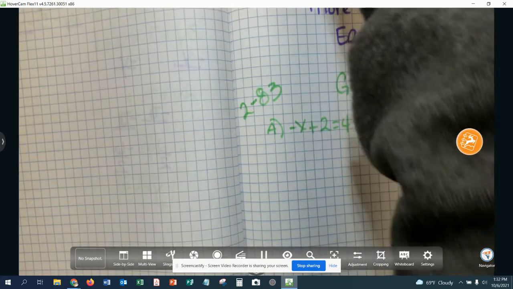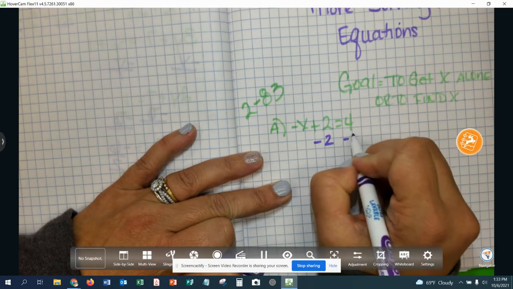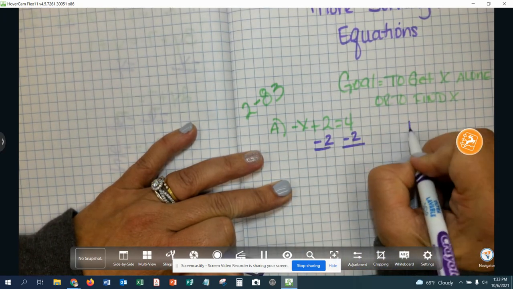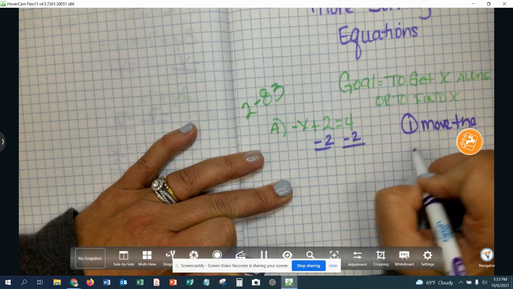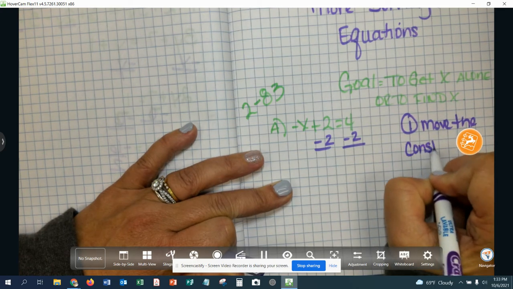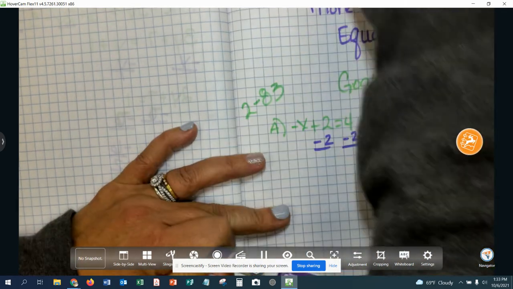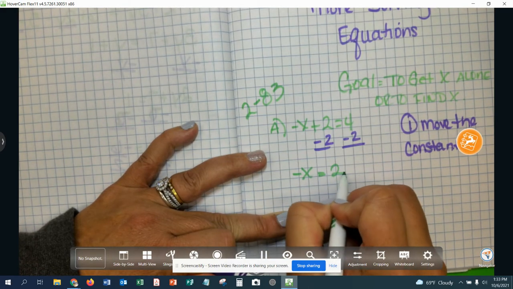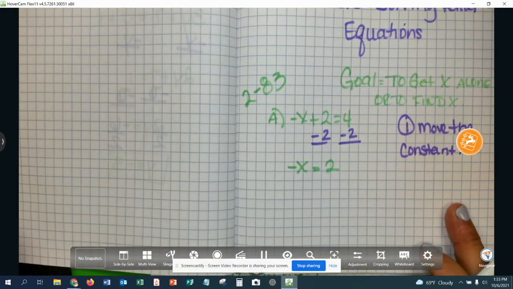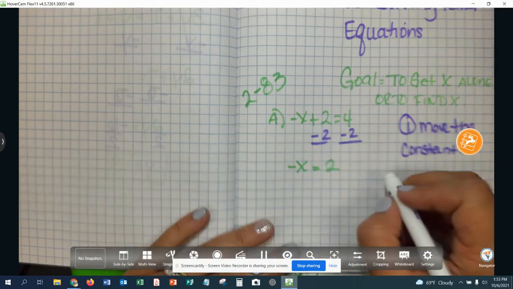To do that, I'm going to subtract 2 from both sides. I'm going to move the constant over, and then rewrite. Now, we cannot have a negative variable.